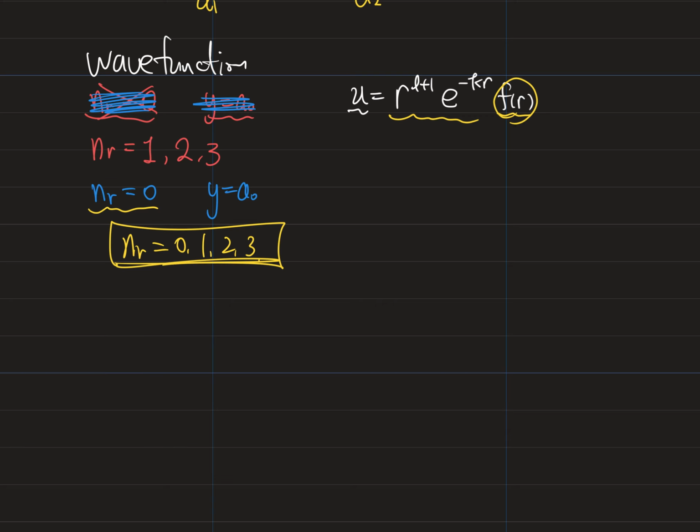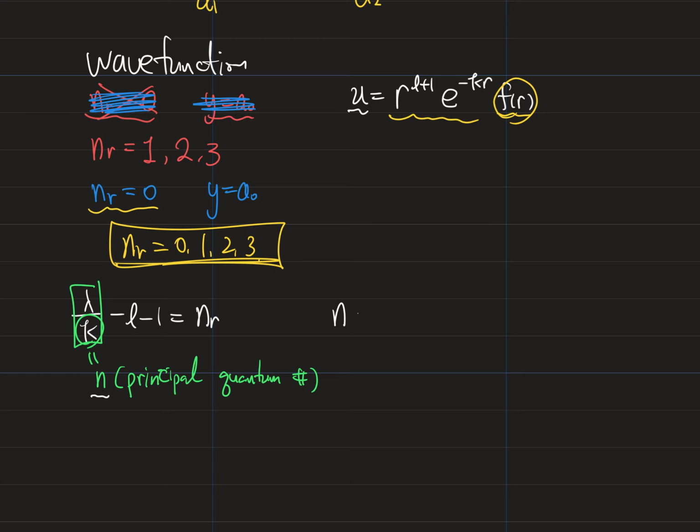So actually this is the quantum number that is known as the principal quantum number. So principal quantum number is simply the nr plus l plus 1.